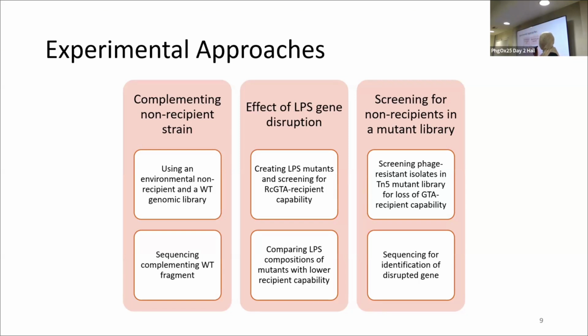And the last set of experiments involve a transposon mutant library and screening through the library in sort of two steps. The first step is using phage resistance, and the second step is using RCGTA-mediated gene recipient capability, and eventually sequencing which gene got disrupted that leads to a reduction in RCGTA recipient capability.